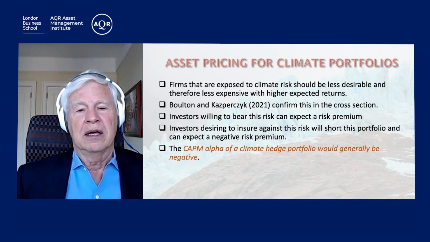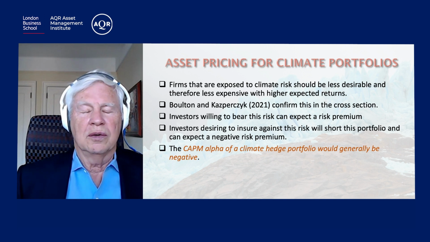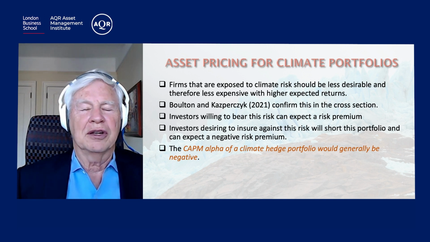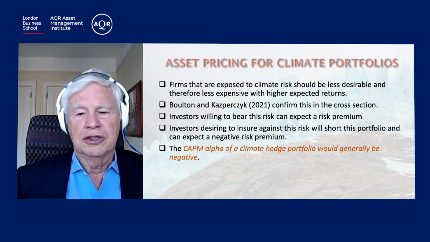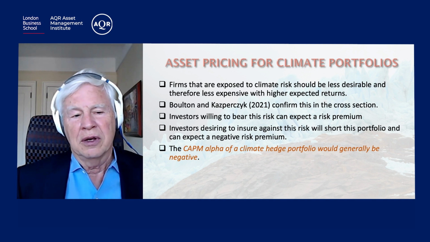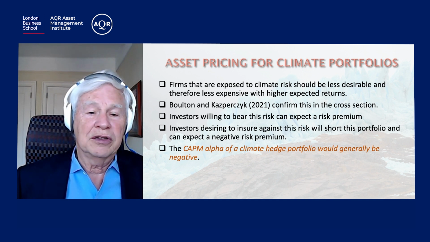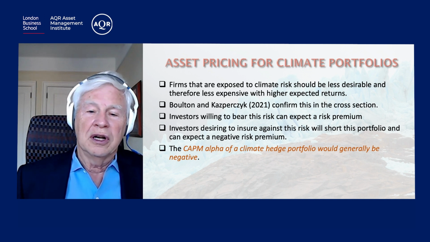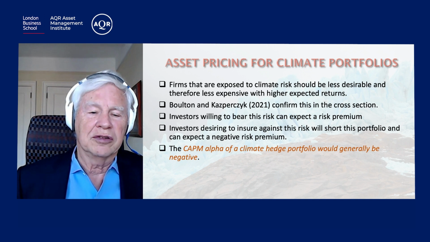So if we take this hedging point of view, then what is the asset pricing implication of this? Well, first of all, firms that are exposed to climate risk should be less desirable and therefore have asset prices which are lower than ones which are not. And the reason the asset prices are lower is because unless you have higher expected returns, you're not going to hold this asset.